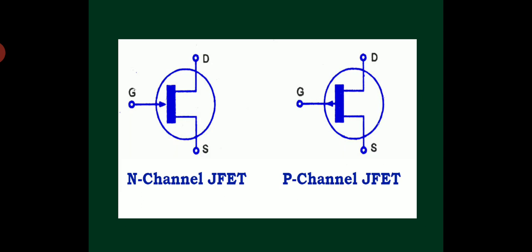And FET has high input impedance in the range of several megaohms, 1 megaohm to several megaohms. Because FETs have higher input impedance than BJTs, they are preferred as amplifiers where high input impedance is required.